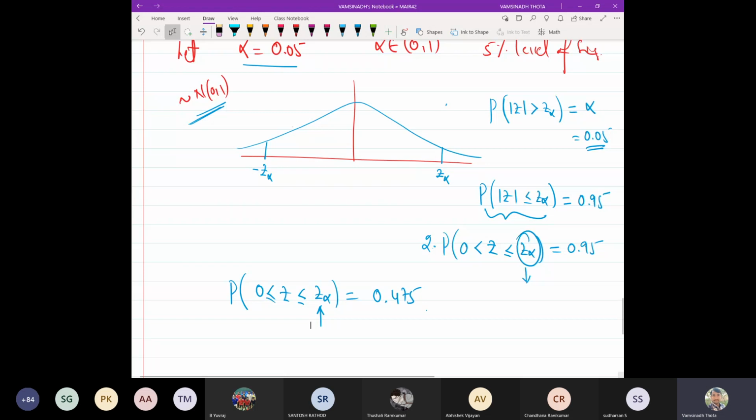May I know what is the value from the table? Where is 0.475 coming? No answers yet.